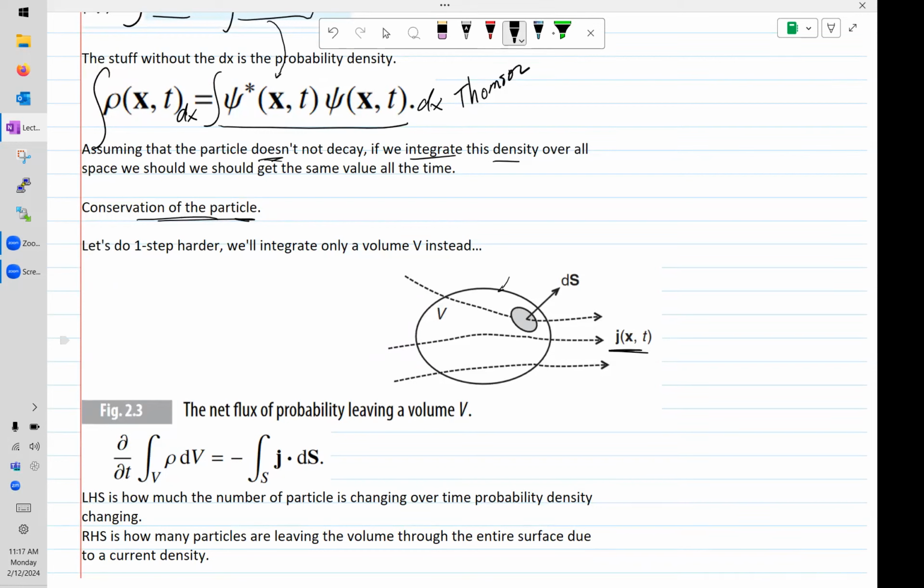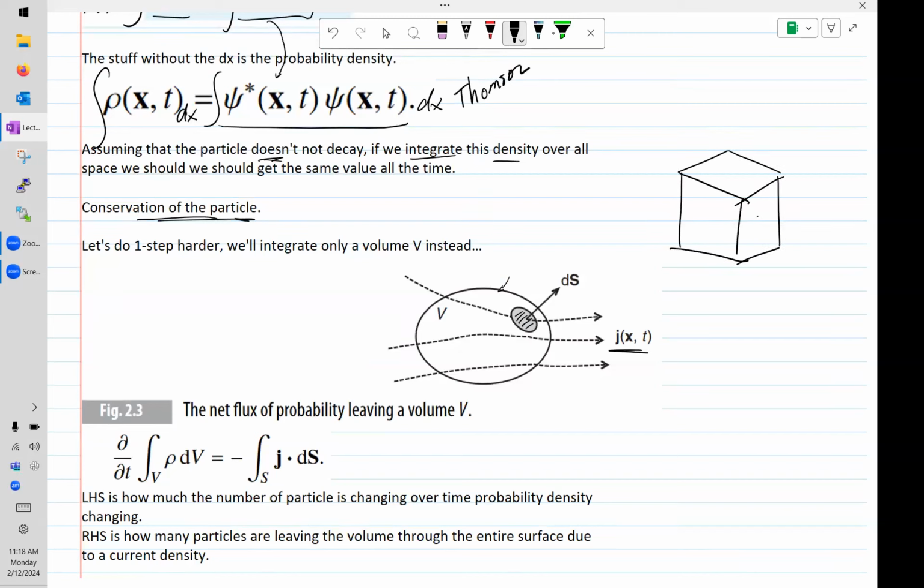If you're looking at this little volume, and we define a little area called dS, some differential piece of the surface, the amount of particles flowing out over this surface should be equal to the change of the number of particles inside that volume.